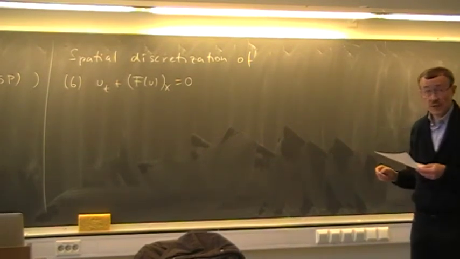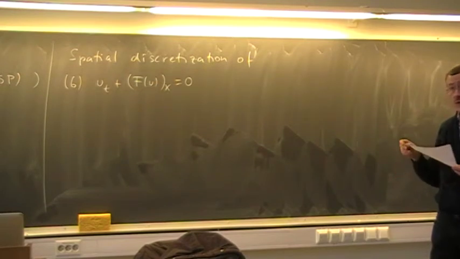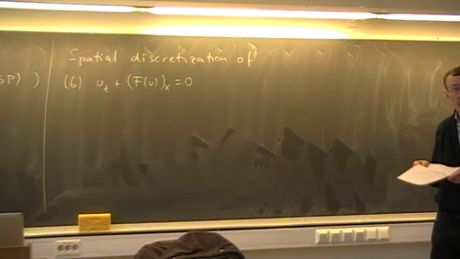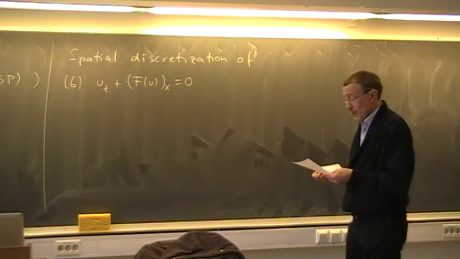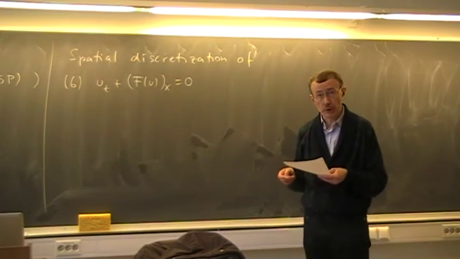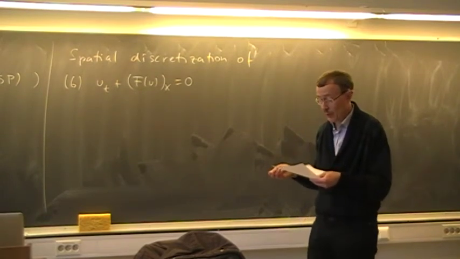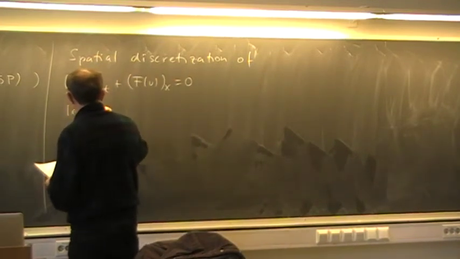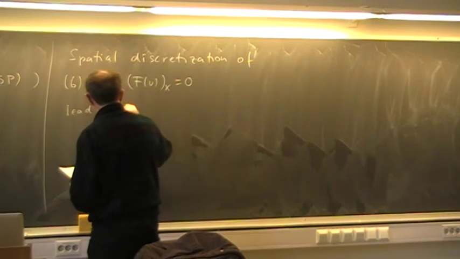And we have seen that if we do only the space discretization using the method of lines, that leads to an initial value problem for ordinary differential equations, which we also call the semi-discrete equations.